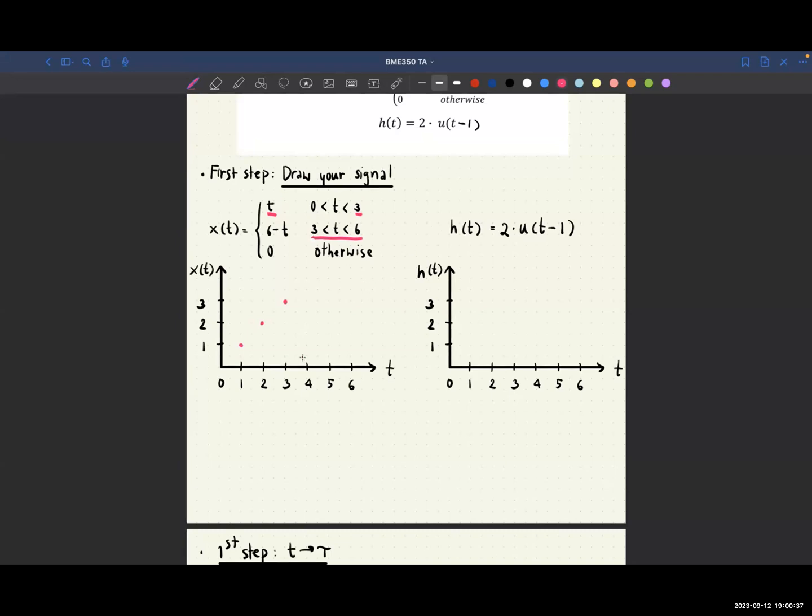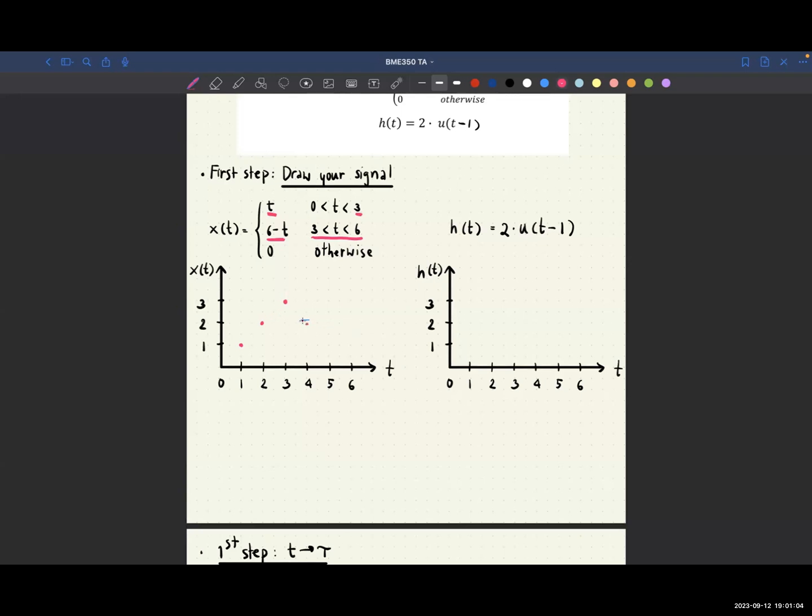So let's say at this point, we have t equal 4, right? Can anyone tell me what's going to be the x(t) here? Feel free to annotate. I feel like we have the annotate function available here. Thank you, Isabella.